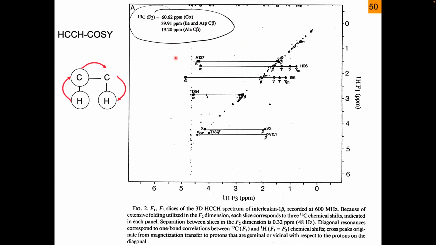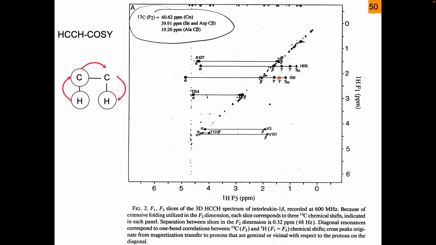And you see, for example, around 40 ppm, this is this isoleucine, I think 56, and you have the connection from the beta carbon, which is the diagonal, to the alpha. Well, it's going via the carbon to the alpha proton that is detected here in the direct dimension. And on the other side, to the gamma carbons.